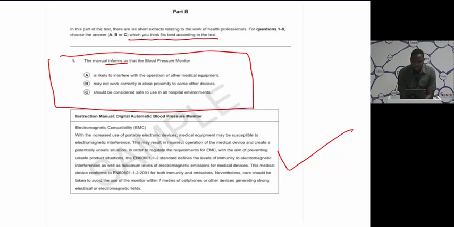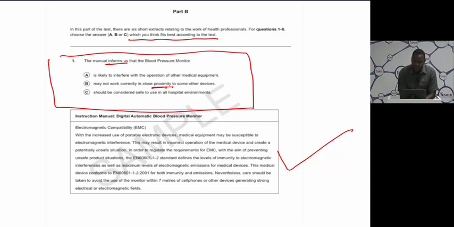Now, B says the blood pressure monitor may not work correctly in close proximity to some other devices. What does proximity mean? Proximity simply means distance. This is a very key word you may not know. So if they are in a very close proximity, the distance between them is not very far, then there might be a problem here.